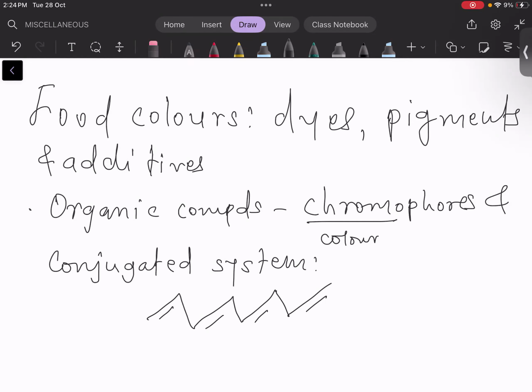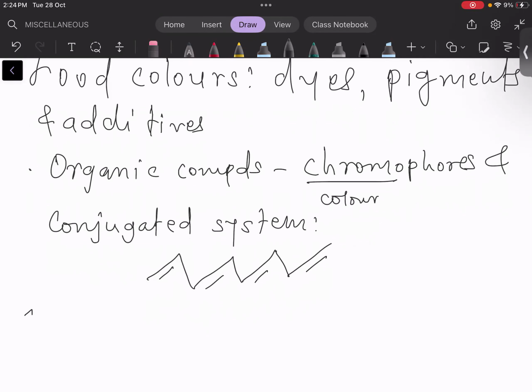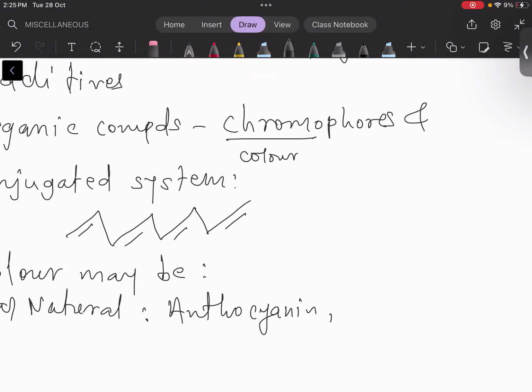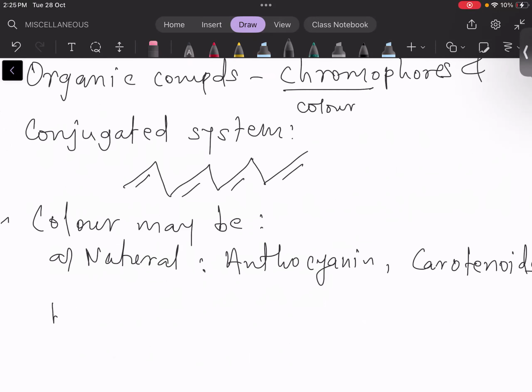Now, color may be natural or synthetic. Natural colors, for example, anthocyanin, then carotenoids, etc. Or color may be synthetic, for example, tartrazine.